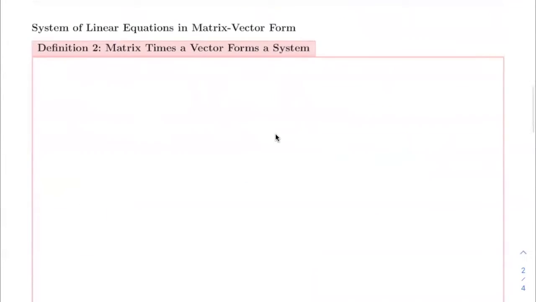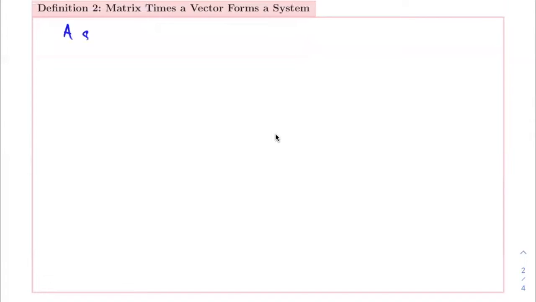So using the matrix vector product, if you have a system of linear equations, you can use matrix vector form to rewrite the system. So definitions: a system of the form A11 times x1 plus A12 times x2 up to A1n times xn equal to B1.